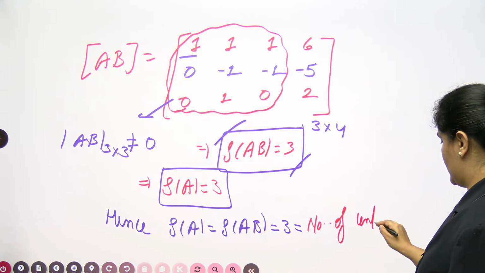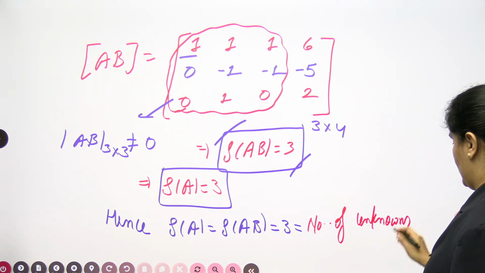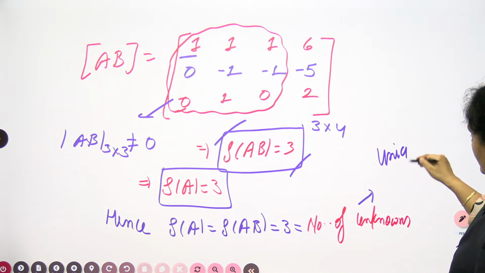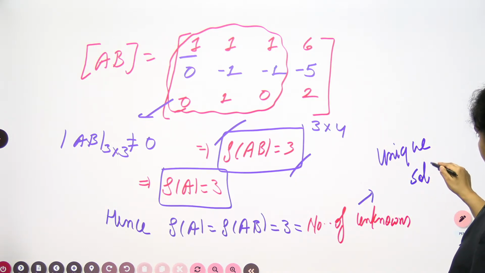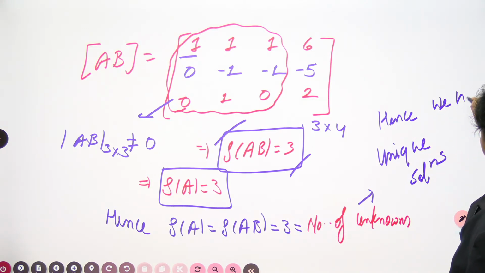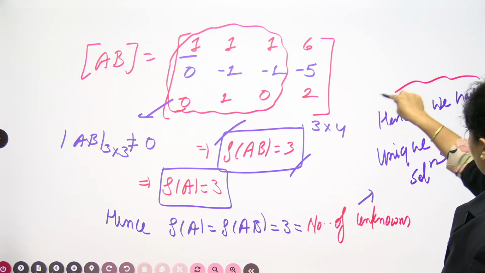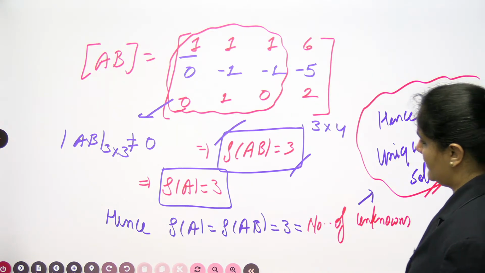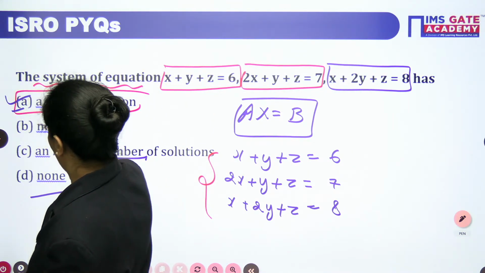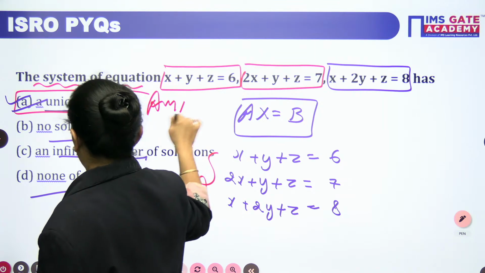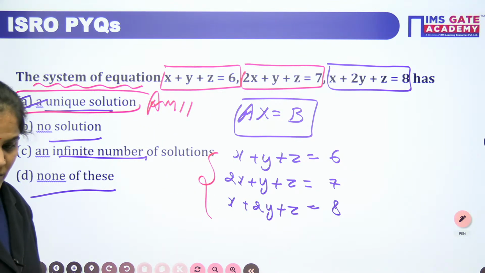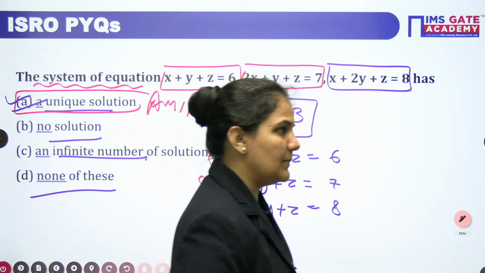Hence we have a unique solution. So for this system of equations the solution will be unique, and we can approach option A as the true answer very easily.